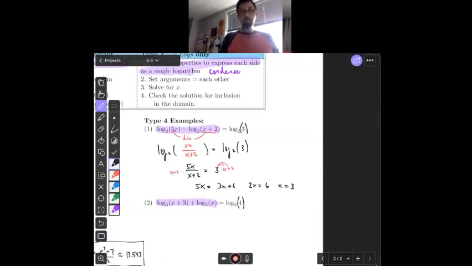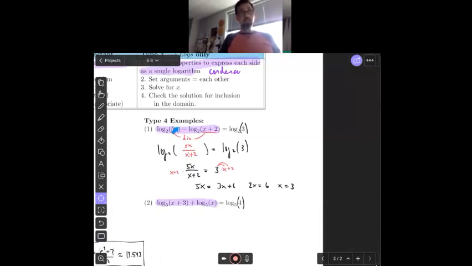Now we do need to be careful here because of the division we did. We're not allowed to divide by 0. So if our x value made the denominator 0, we'd be in trouble. Well, plugging in 3 does not make this 0, so we're okay. The other thing we can't do with logs is take a log of a negative.